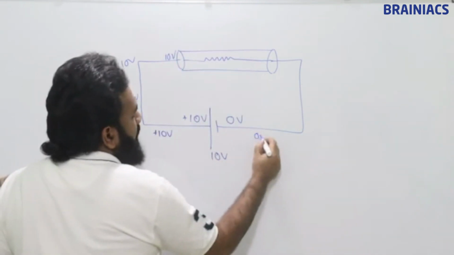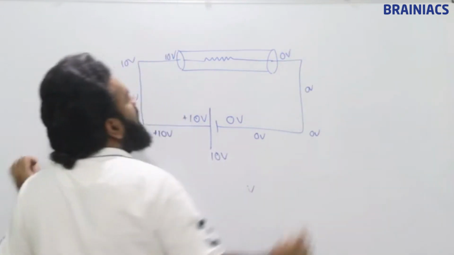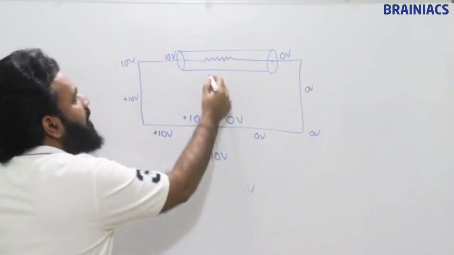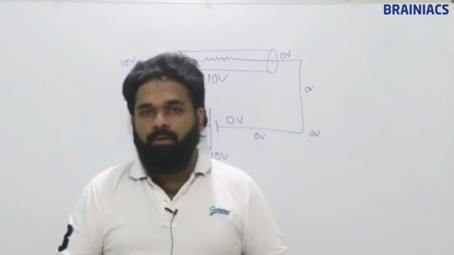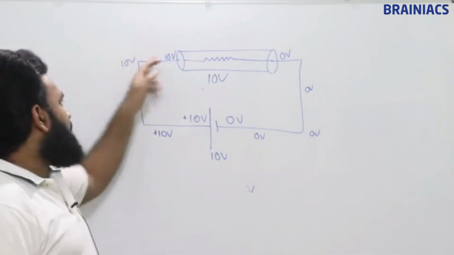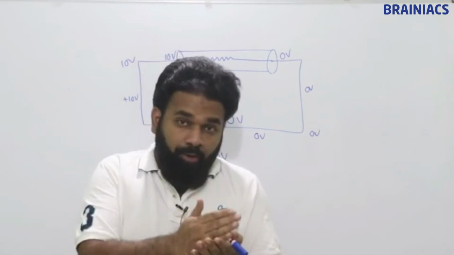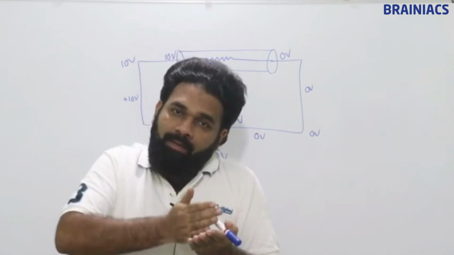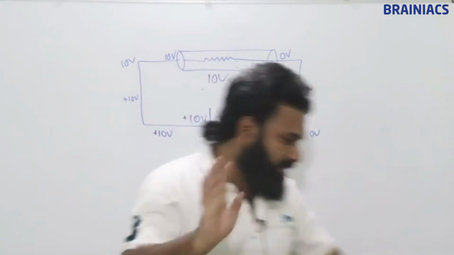Here this is 0 volt, 0 volt, 0 volt, here 0 volt. So this 10 volt will be eaten by this resistor. Wherever resistance is not connected, that potential will continue till we get a resistance. Please understand this.